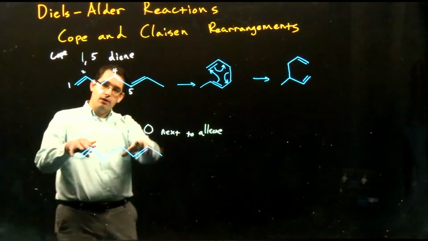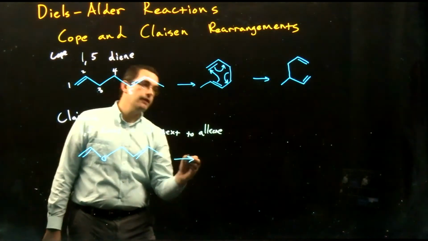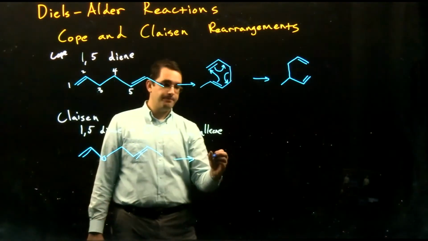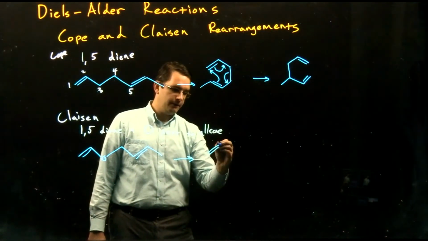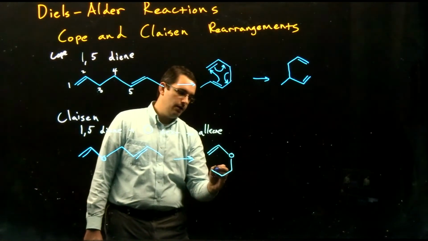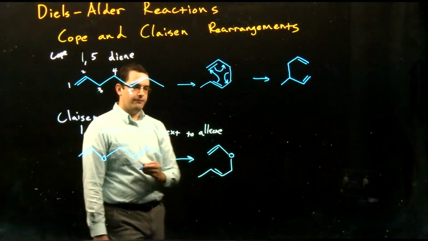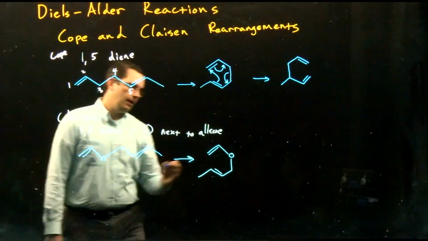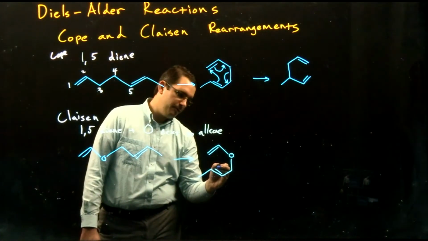Again, we're going to fold it up into our little cyclic system. So we bend this around, so we've got our double bond here. We go over to our oxygen now, our second double bond, and that final carbon at the end. Again, we can do the same cyclic movement of electrons.